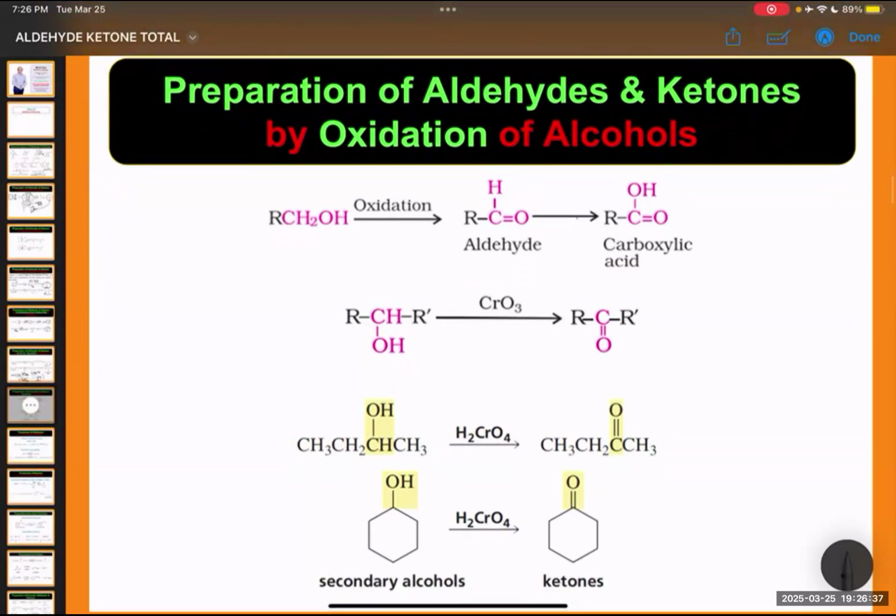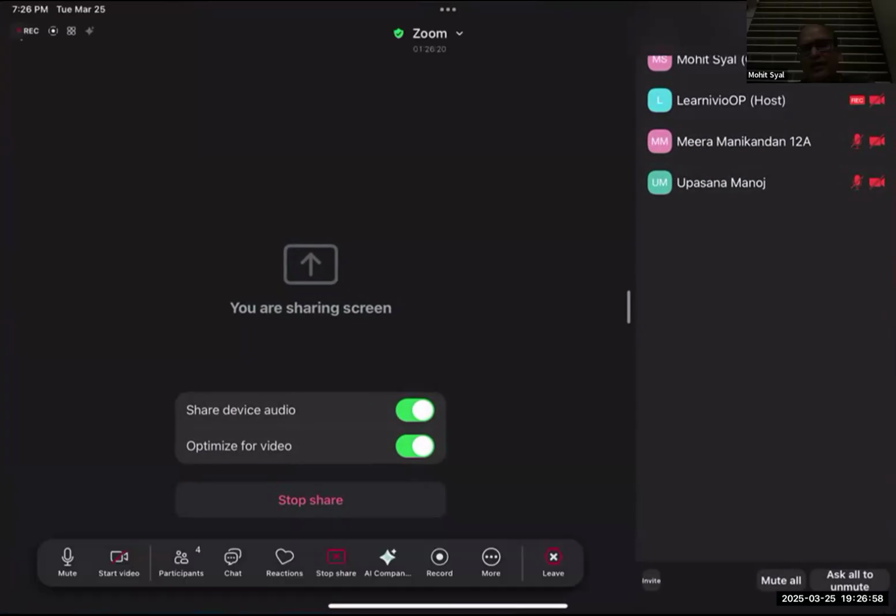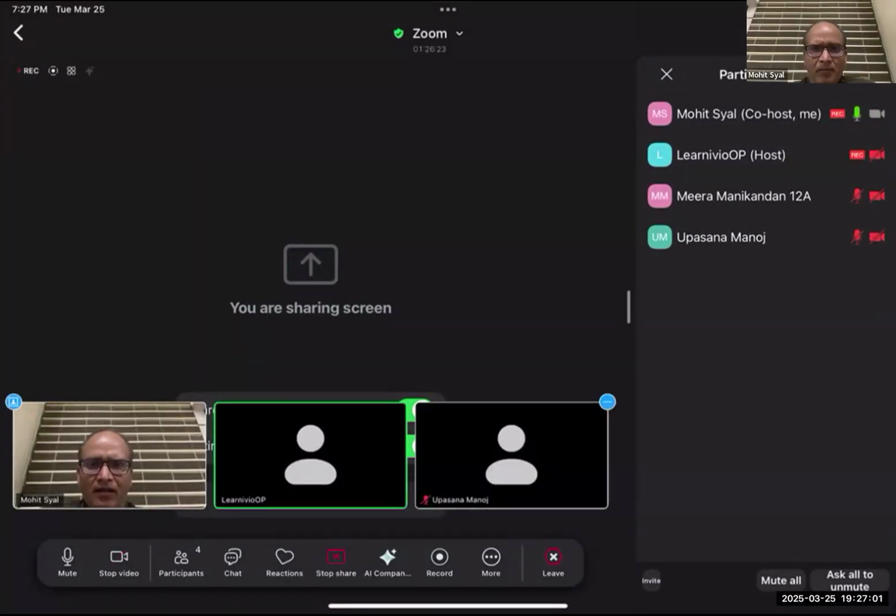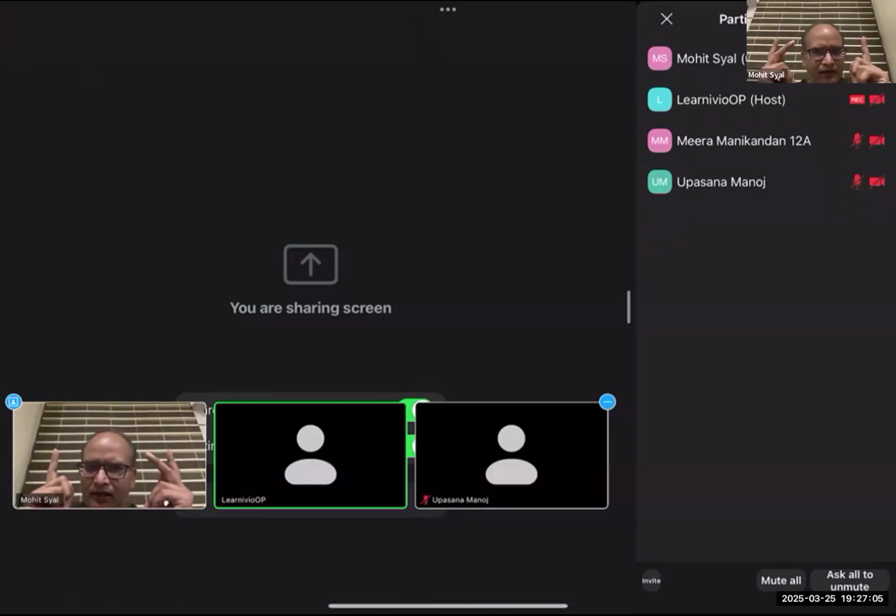Next step for the preparation of aldehyde and ketone is by oxidation of alcohol. So I told you just now also, because this is a common topic. In alcohols, it is the reaction of alcohols, oxidation of alcohols. For aldehydes and ketones, it is the preparation of aldehydes and ketones. So as I told you, primary alcohol can be oxidized in two stages.